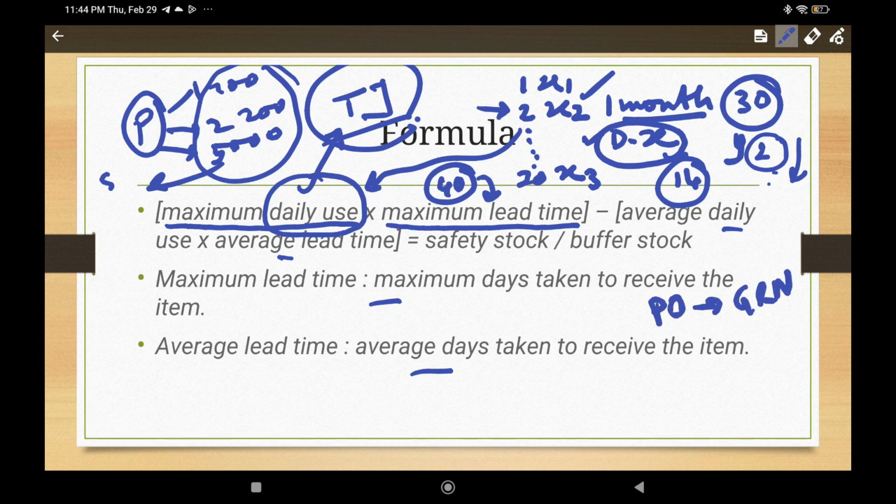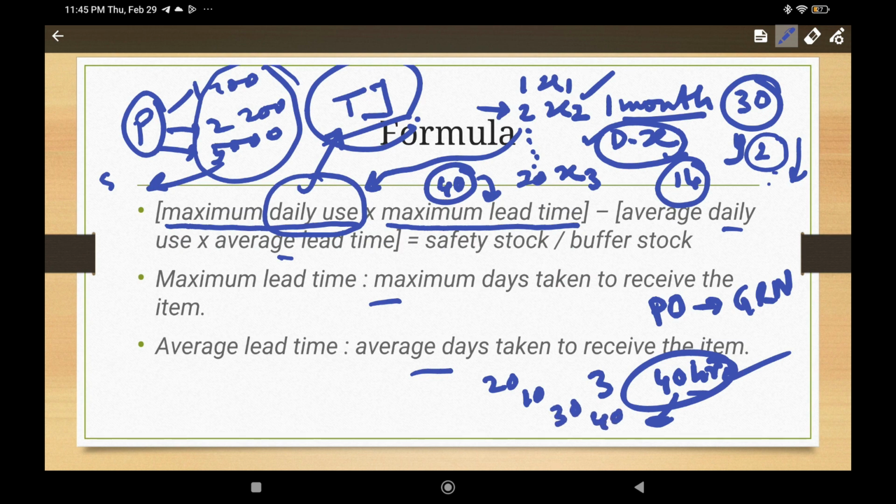Now in the third time of the purchase order, it took 40 hours to receive the item, and that is the highest time to receive the item. That is the maximum lead time, and we have to make one average: for the first time it took 20 hours, second time 10 hours, third time 30 hours, fourth time 40 hours. Like this calculation has to be done.